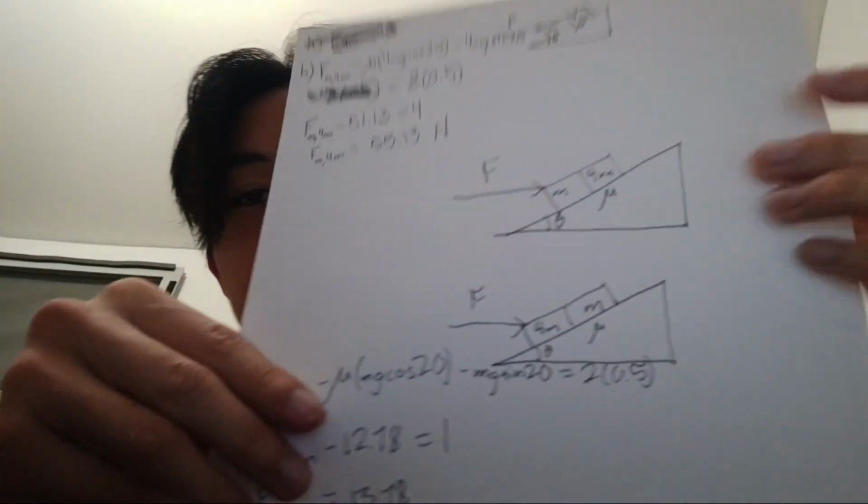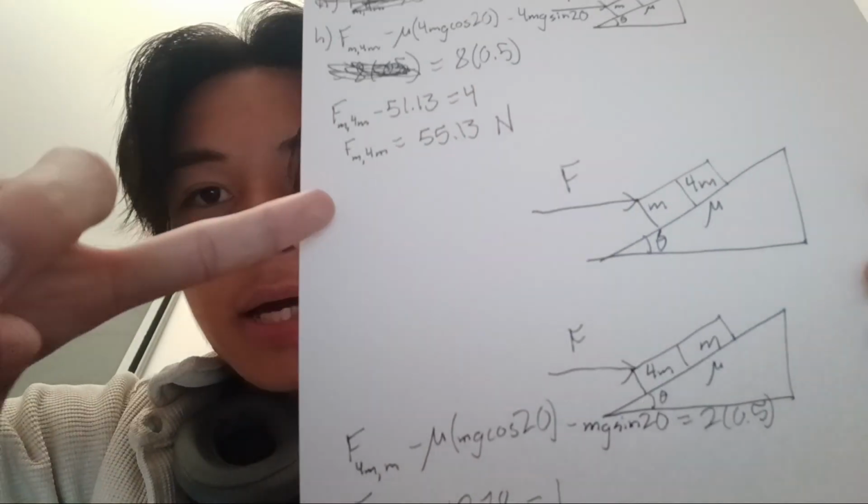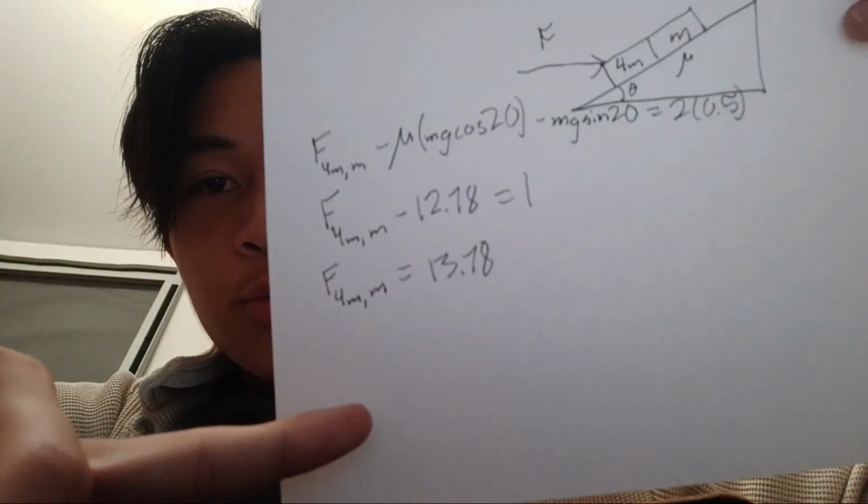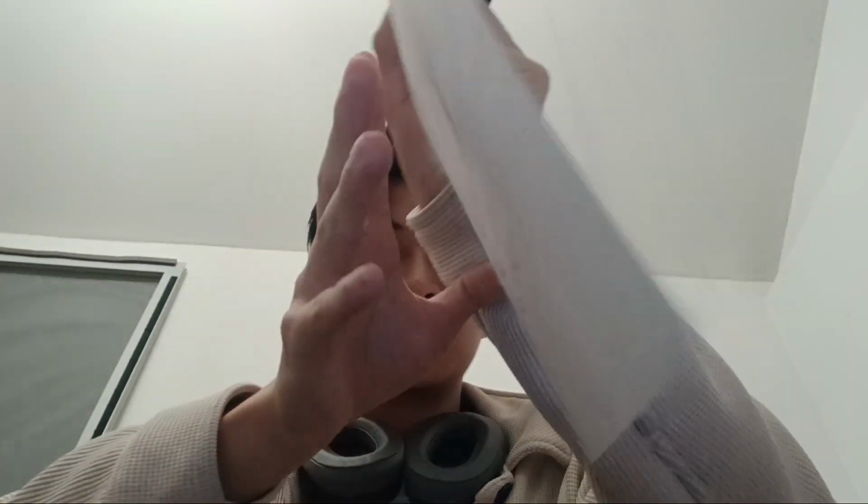Don't need a calculator for it this time. If we were to switch the boxes around, as you can see, the contact force would decrease significantly. Put an N at the end.